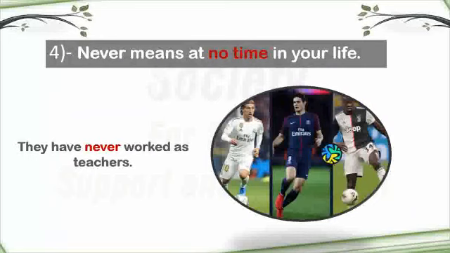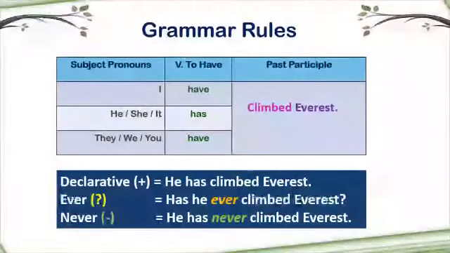So we say about them, they have never worked as teachers. So never means at no time in your life. It means they haven't done this at all in their lifetime. So this is the meaning of ever and never. So as you see, they could have opposite meanings. Okay, you have to focus on this. Ever and never are used with the verb have in the present perfect tense.